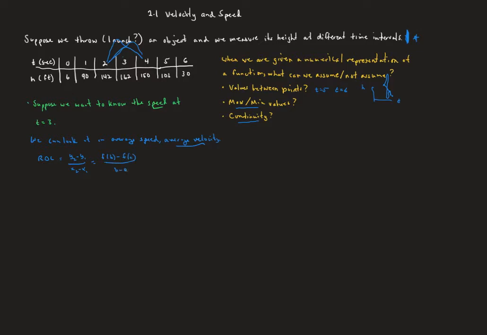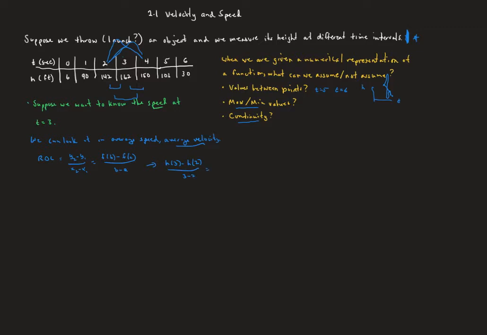Since we're interested in the velocity or speed at 3, we could look at the points immediately to the left and right of 3. That is, we could look at h of 3 minus h of 2 over 3 minus 2.